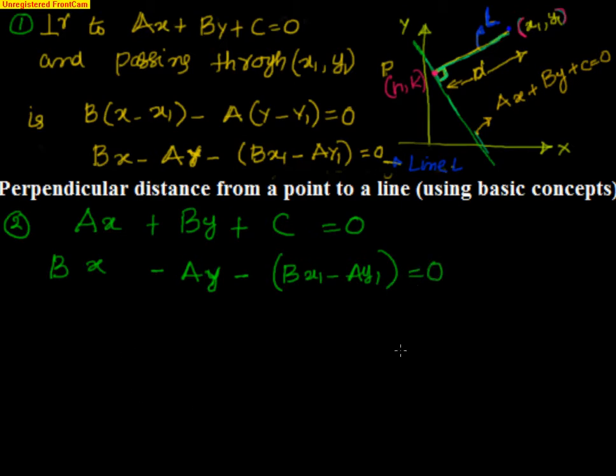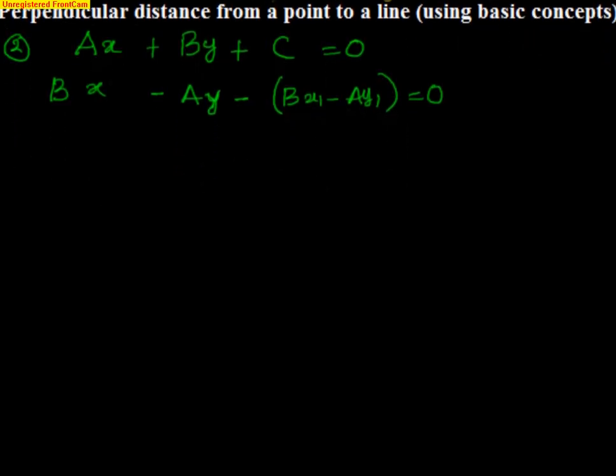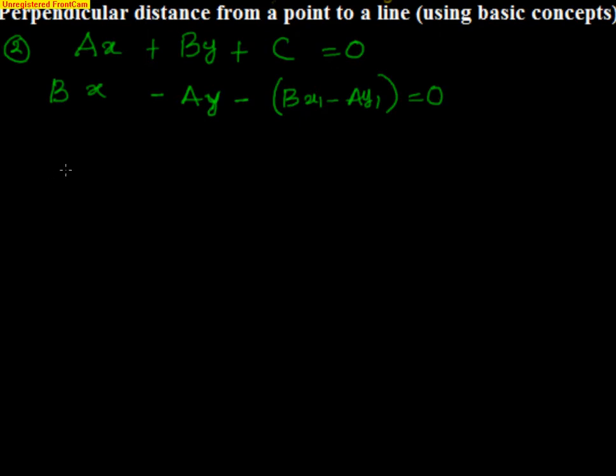Now I want to simplify this. To simplify this, let me use the cross multiplication. So I will be writing b, minus a, c, minus bx1 minus ay1.